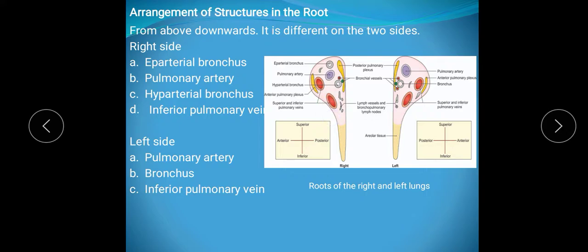On the left side, the structures from above downward are the pulmonary artery, then the principal bronchus, and the inferior pulmonary vein. These are the structures at the root of the left lung.